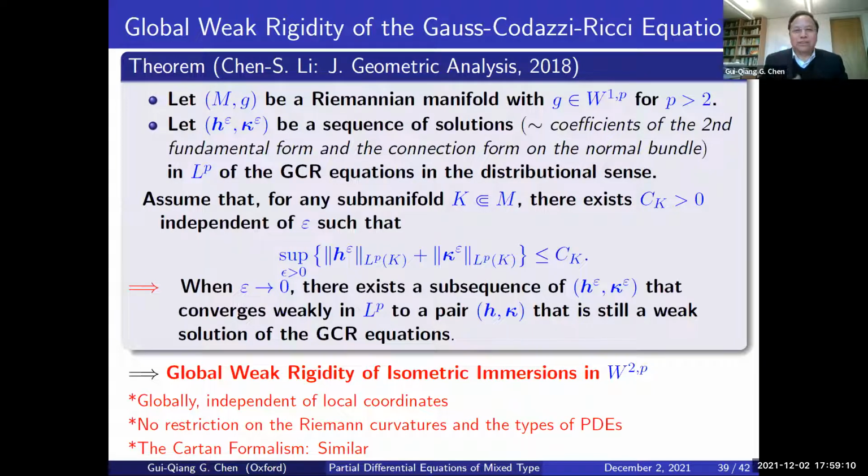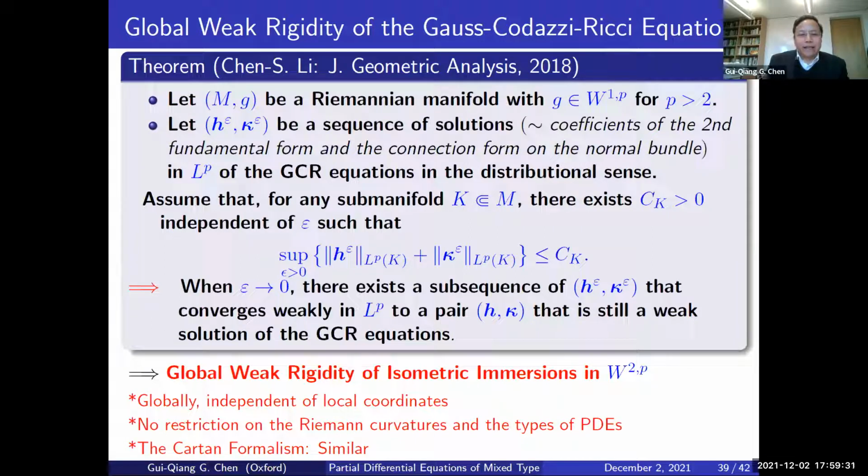You still can prove the theorem with a convergence result. Then this implies, of course, weak rigidity of isometric embeddings with given curvature, the second fundamental forms.